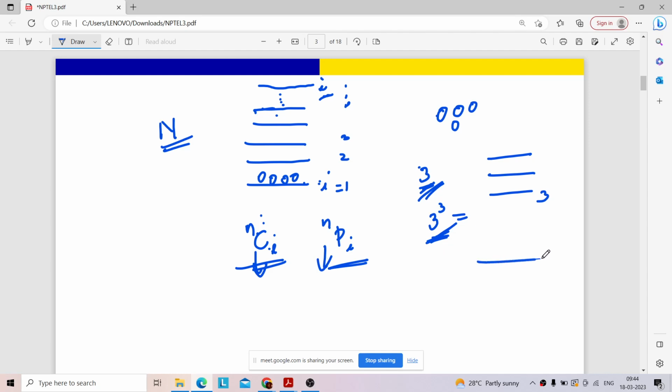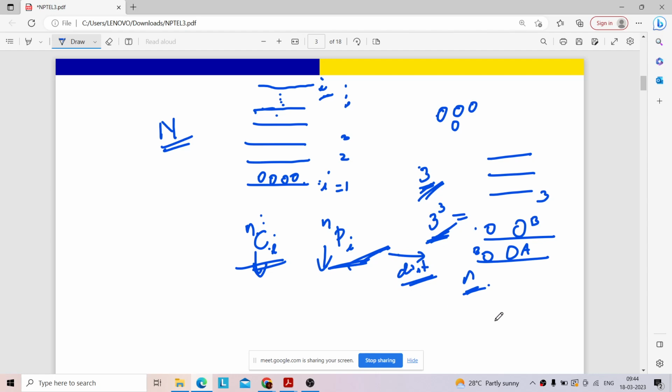Permutation means I can arrange this, let's assume this is A and this is B. I can arrange them as B here and A here. Then we will have an extra number of ways of arrangement for the permutation case. This applies to distinguishable particles.